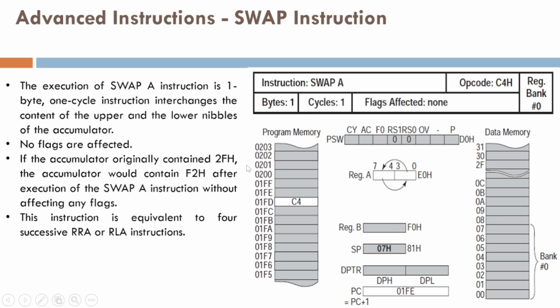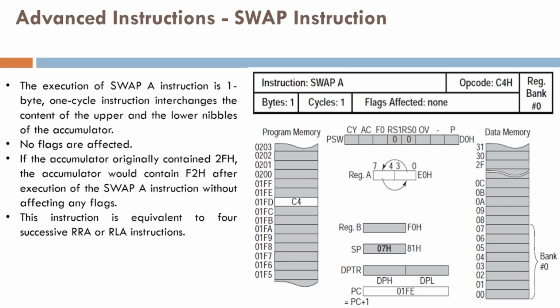So you get a similar type of action using SWAP A. The only difference is you will require four RRA or RLA, which will take more time. But just using SWAP A, you have a one-cycle instruction which executes in one cycle, whereas to do the same thing using RRA or RLA, you will require four cycles to complete. So it will take more time.